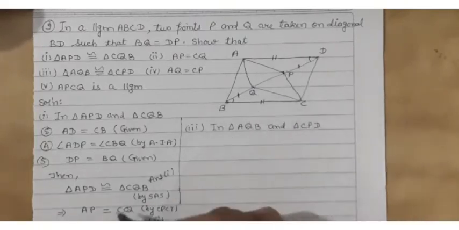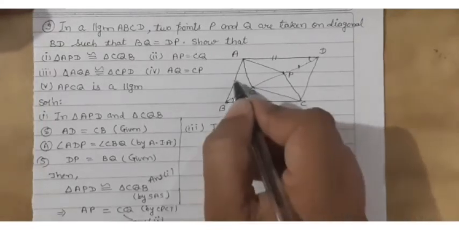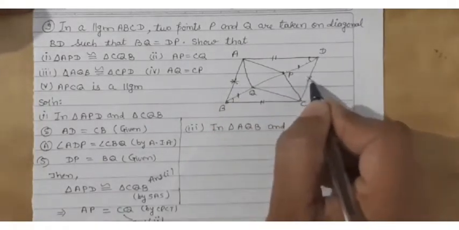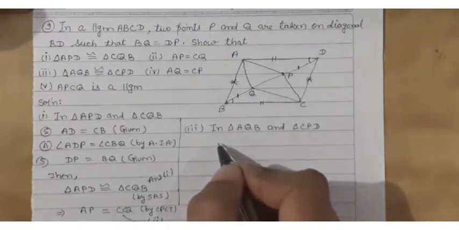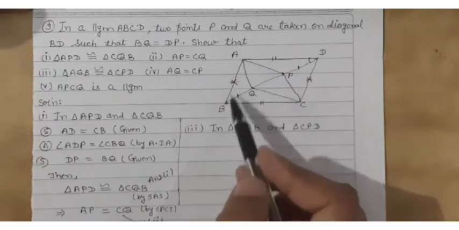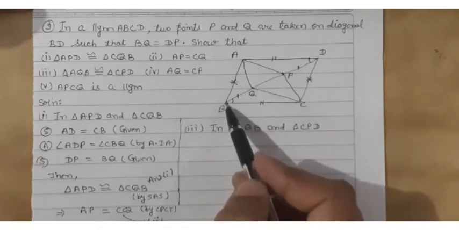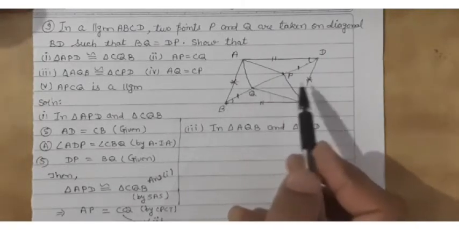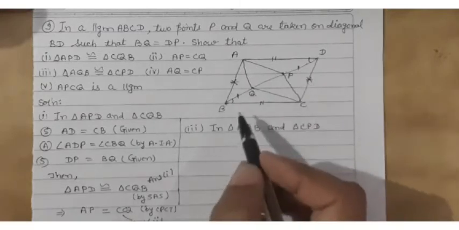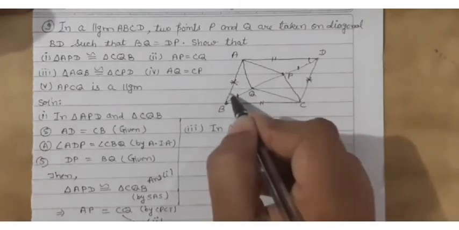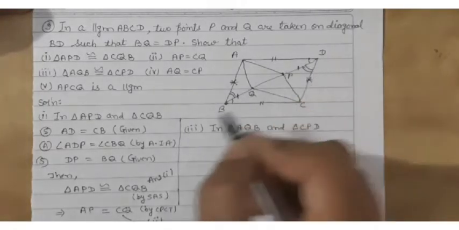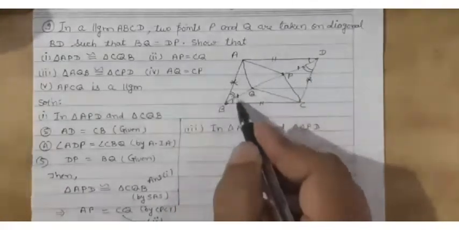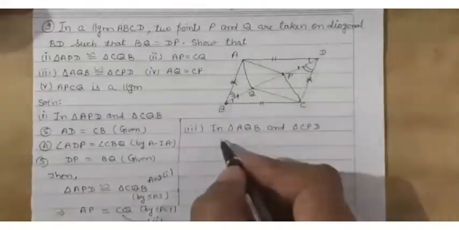What we have proved here, AP equal to CQ. And this one again is an alternate interior angle, the same thing. By SAS again you can prove it.